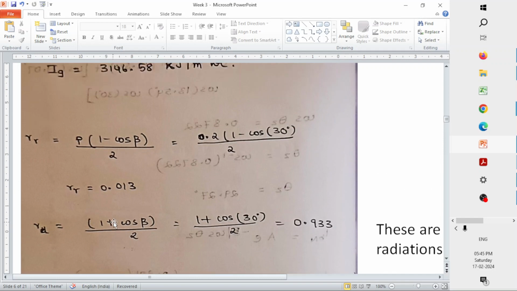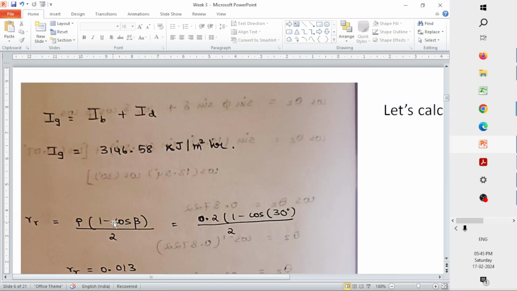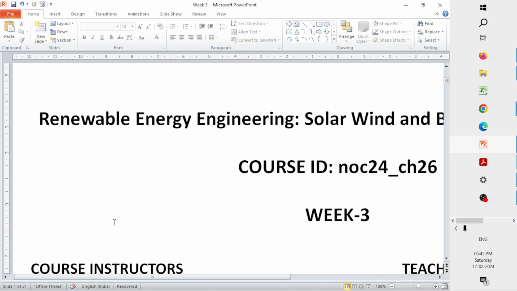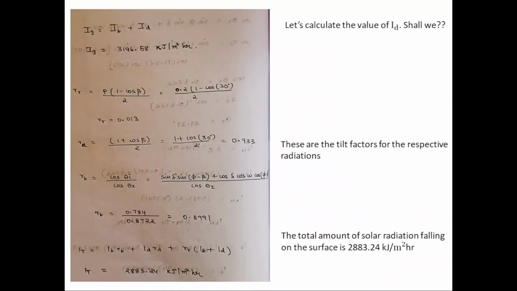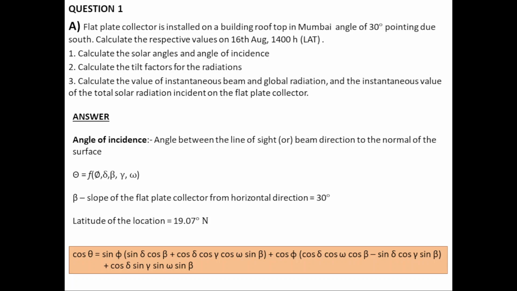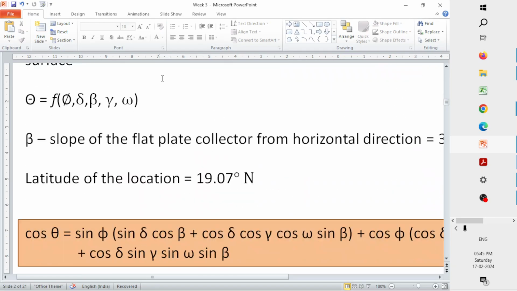So now we need to calculate the instantaneous values of your beam radiation. Instantaneous values of the beam and global radiation and the total solar radiation incident on your flat plate collector. So this is the next task for us.